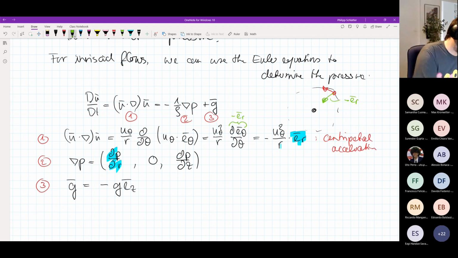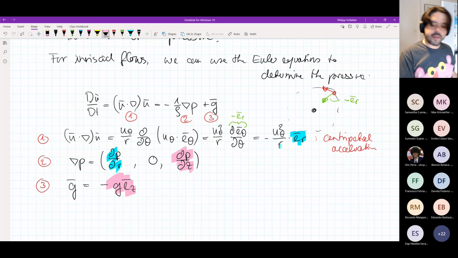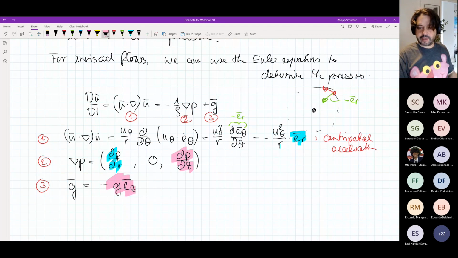And in the z direction, we have a balance between the pressure gradient in the z direction and the gravitational force. So we have kind of split the two balances in the radial and in the axial direction.